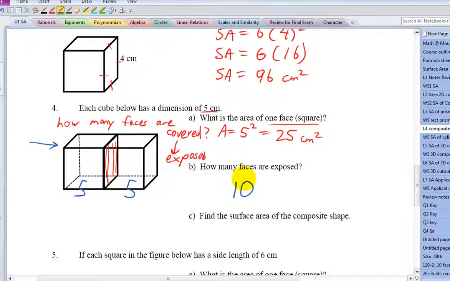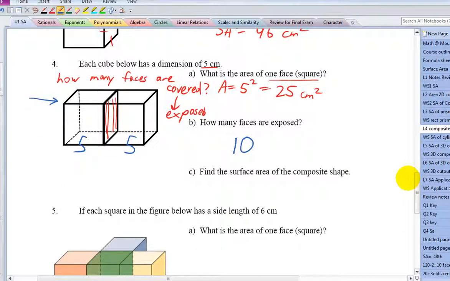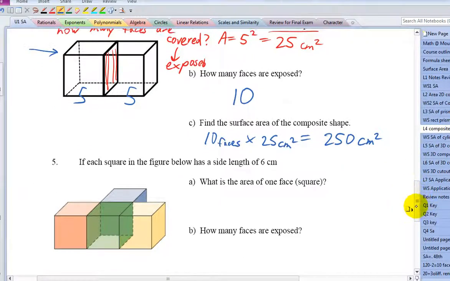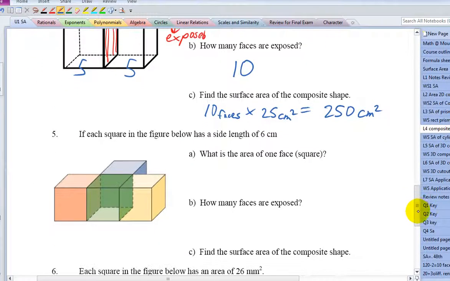Look at each cube separate. Okay, that will help you. Good. So now we can find the total surface area of this compound shape. We will take 10 faces times 25 centimeters squared each. And what does it equal? 250 centimeters squared. Okay. Any questions?